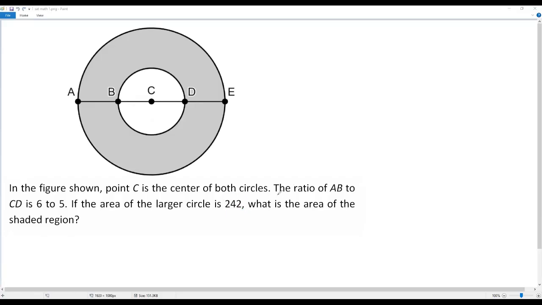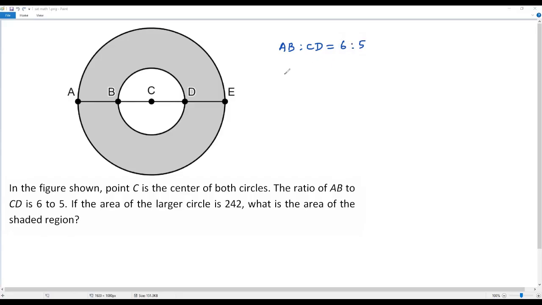Okay, now let me consider the information we have. The ratio of AB to CD is 6 to 5. Here we have the ratio of the lengths of the two line segments AB and CD. Let me write it: the ratio of AB to CD equals 6 to 5. To get the lengths of these two line segments, I have to multiply the terms of the ratio by the same non-zero number, say x.